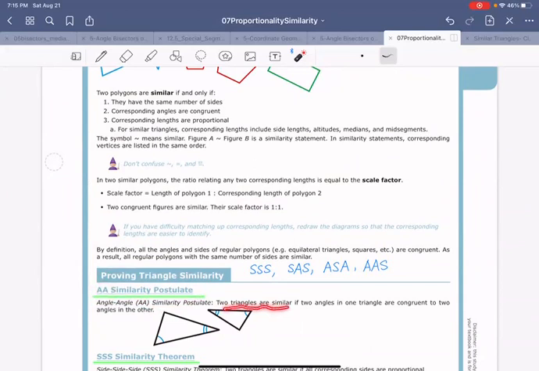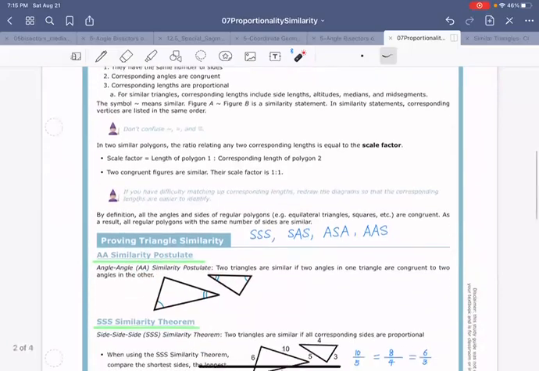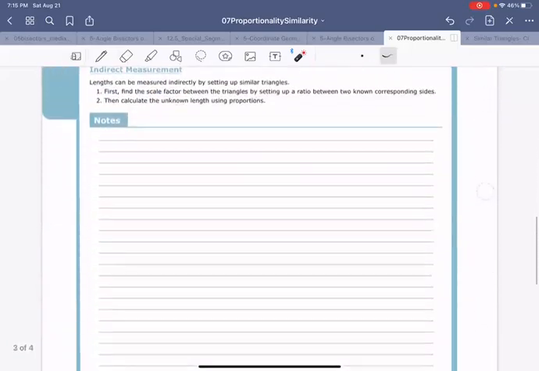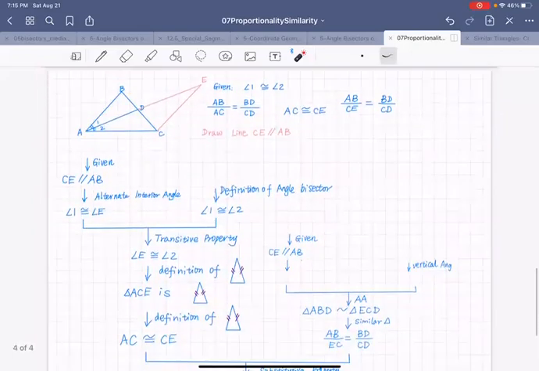Two triangles are similar if two angles in one triangle are congruent to two angles in the other. You have this angle equal. You have this angle equal. Then AA will say these two triangles are similar triangles. Make sense? All right.